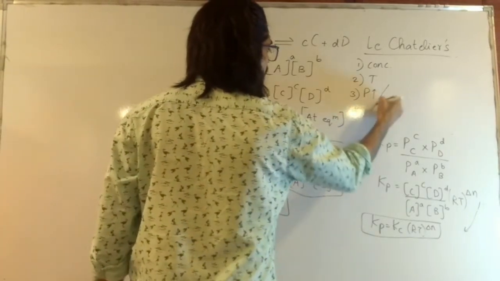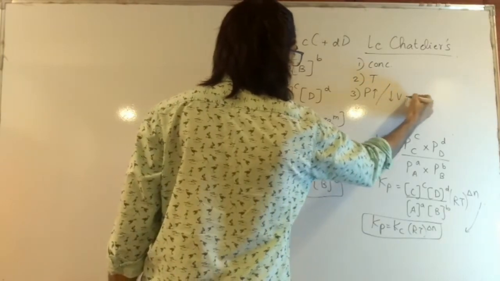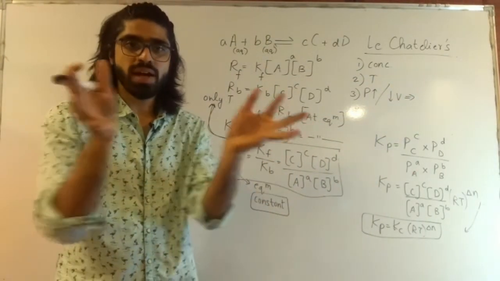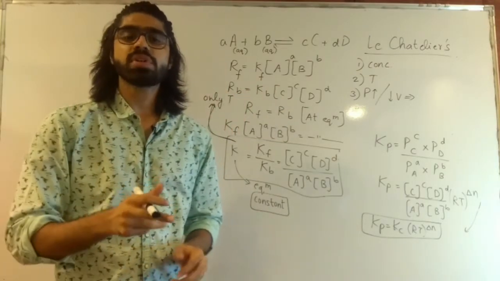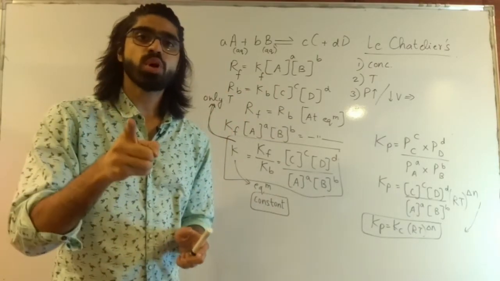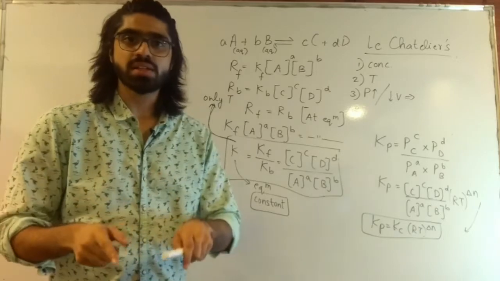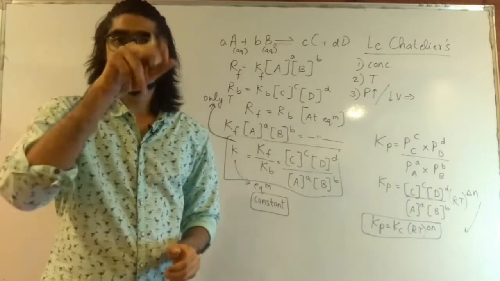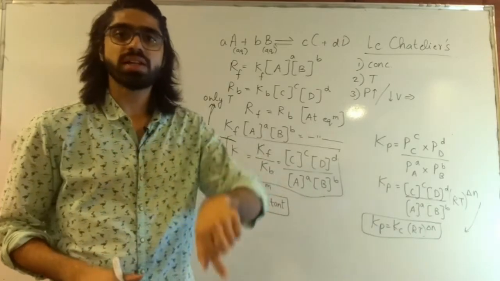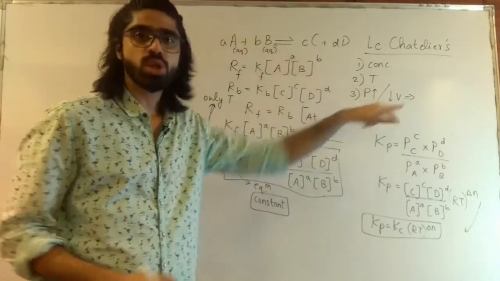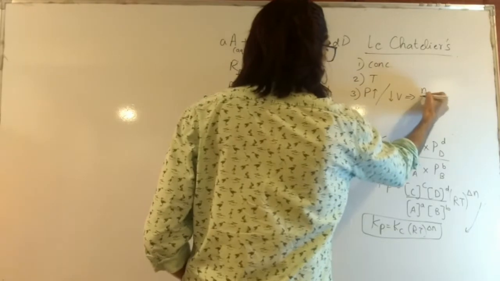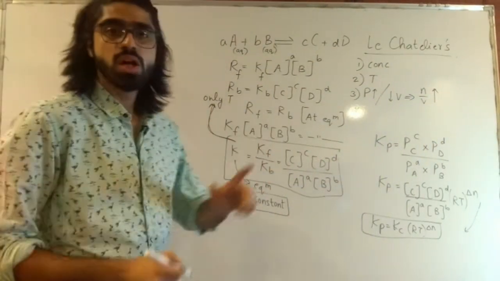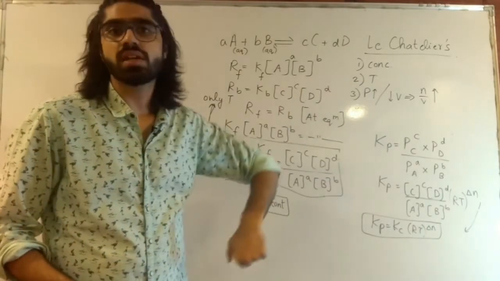If you increase the pressure by decreasing the volume, the number of moles per unit volume increases, because the number of moles are the same but the volume has decreased. So the reaction will try to decrease the number of moles.